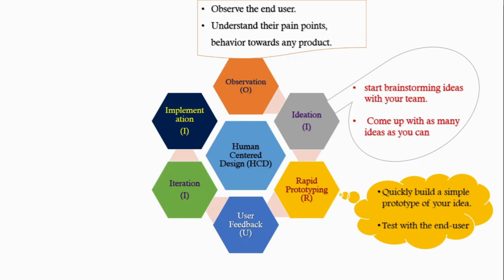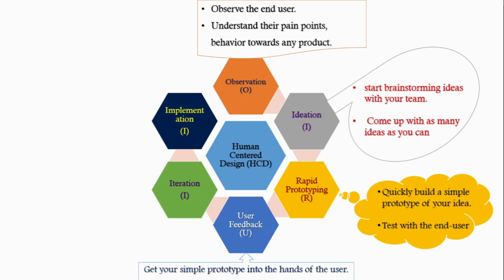Once you are done with the rapid prototyping stage, the next step is user feedback. Now you can take your prototype to the user and ask them for their feedback associated with the product. Try to have your prototype in front of the user and ask them all sorts of feedback.